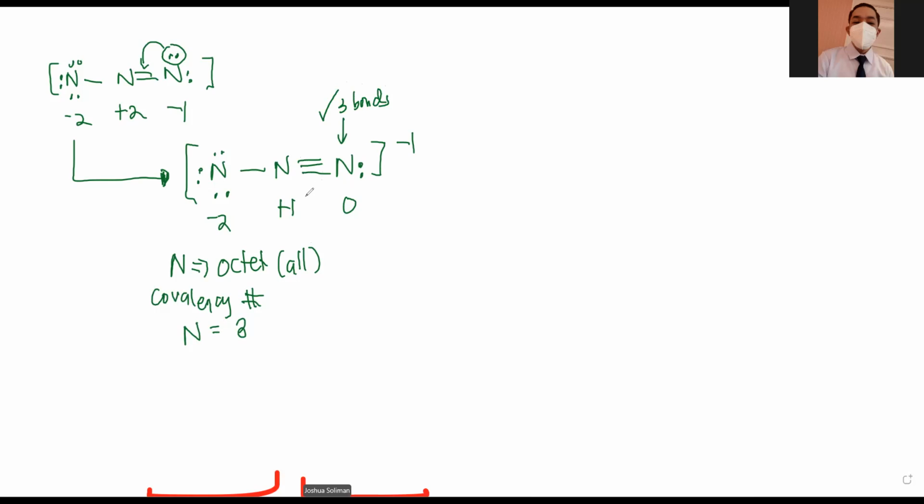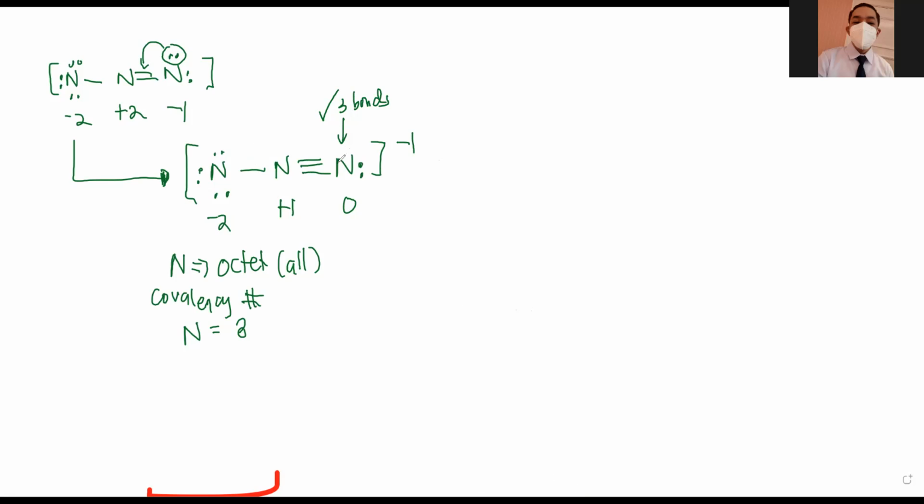My next question is, can this structure perform resonance? Yes, definitely. It can go in here, right? Ay, mali, baliktad ako. That is wrong, Josh. How should the movement of electrons go? It should come from the electron-rich ligand.